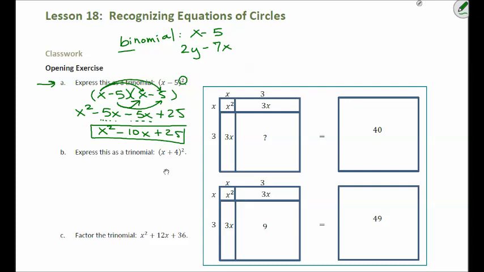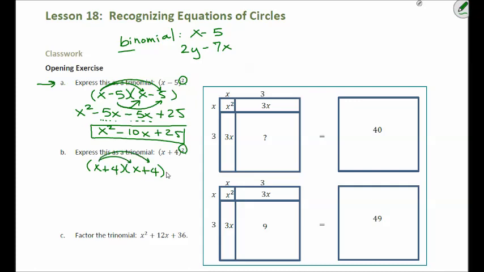B asks us to express x plus 4 squared as a trinomial. Well, what does it mean to square something? It means you multiply it by itself. So I have x plus 4 times x plus 4. I will do the exact same thing by distributing both the x and the 4 into the other binomial.